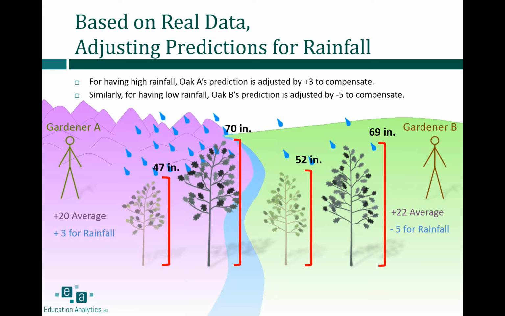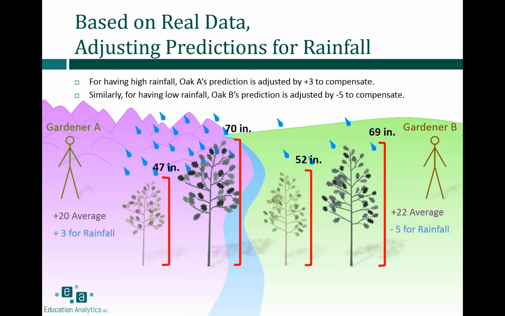What does that mean? Basically, we're saying instead of oak tree A's prediction being 67 inches as it was before, we found that trees that had high rainfall tended to grow 3 extra inches on average. So we bump up oak tree A's prediction by 3 inches to compensate for that external effect of rainfall that the gardener had no influence over. We're making that prediction a little bit higher due to the effect of rainfall on the growth of that tree.